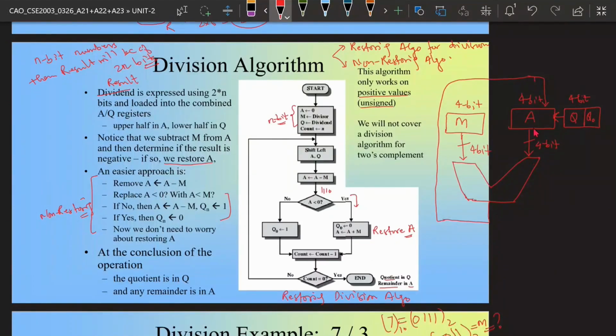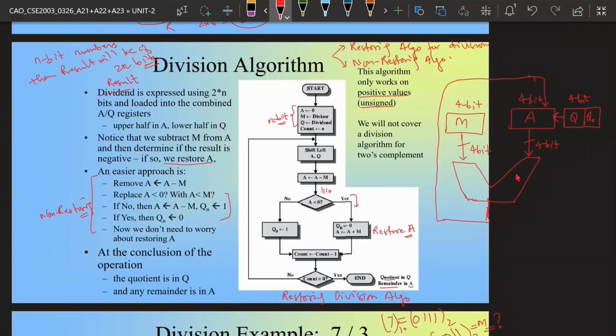After this, we are performing addition or subtraction with M and A. For that, an ALU is required, and after that, we should be moving to the accumulator A and doing the shifting between A and Q. Shifting to the left side we should be performing.